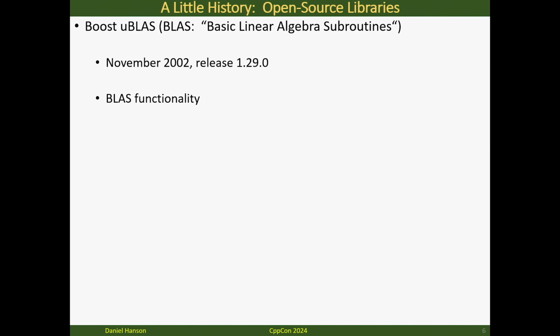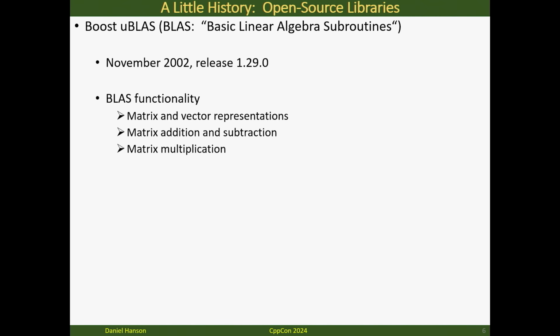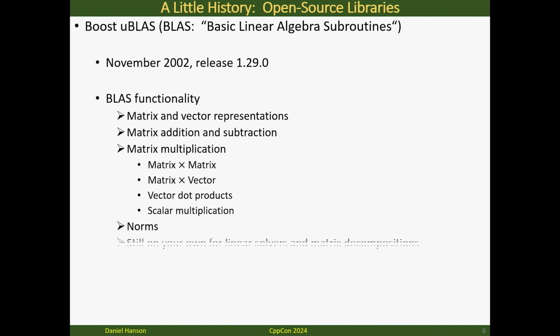It had the BLAS functionality, and that meant matrix and vector representations, matrix addition and subtraction, matrix multiplication, and there were several types, so matrix by matrix multiplication, matrix by vector, vector dot products, and scalar multiplication. It also computed matrix and vector norms. So you were still on your own, though, for linear solvers and matrix decompositions.